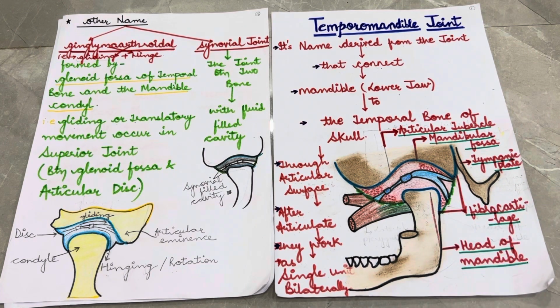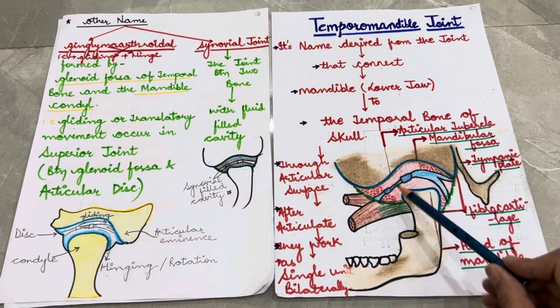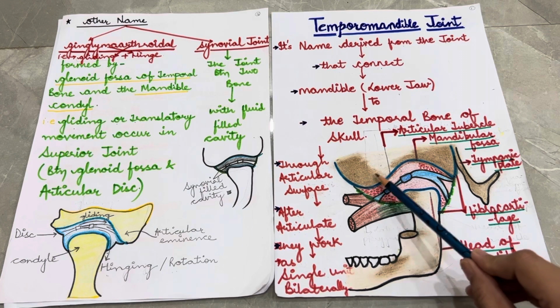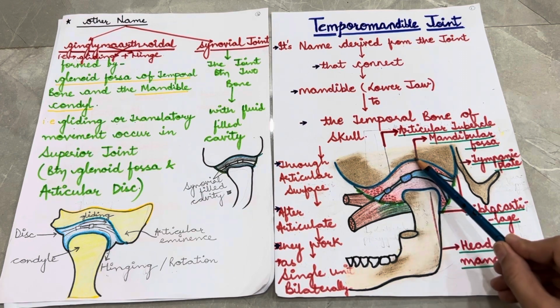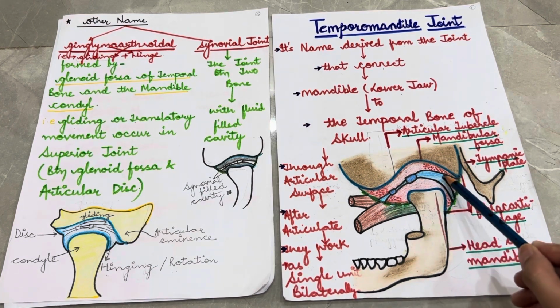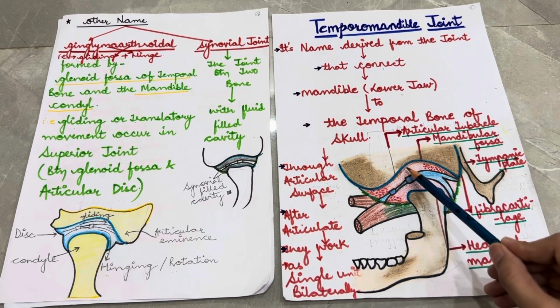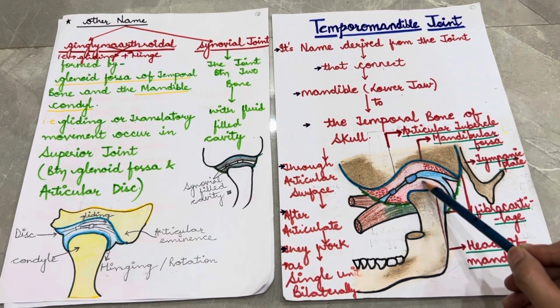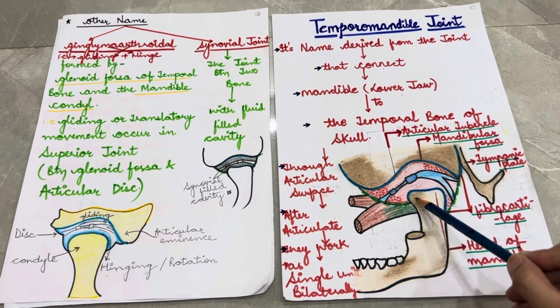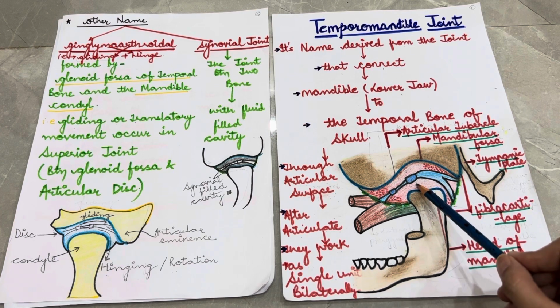And we'll see which component gives the sliding motion and which gives the hinge or rotation motion. The structure between the glenoid fossa and the intra-articular disc provides a gliding or translatory motion, whereas the portion between the intra-articular disc and the head of the mandible mainly provides a hinge or rotation motion.